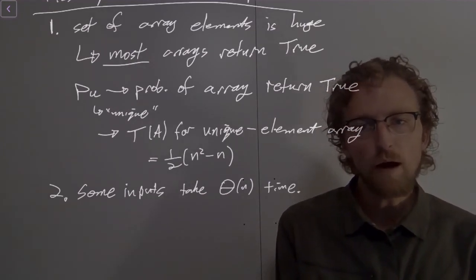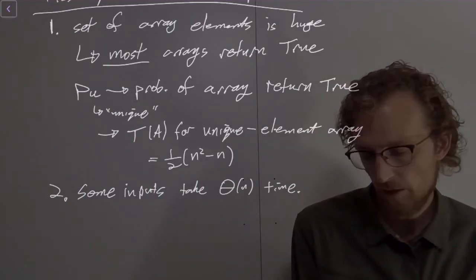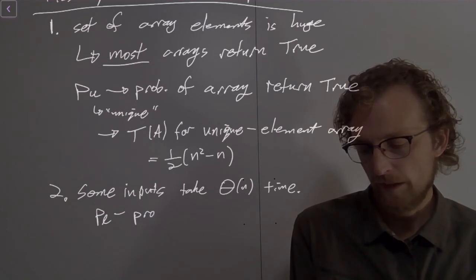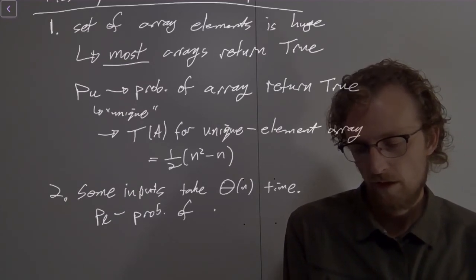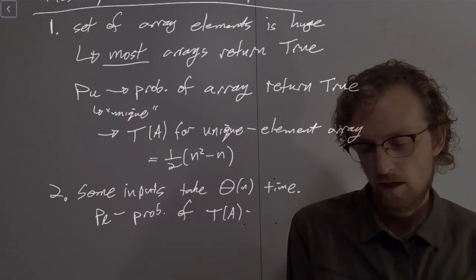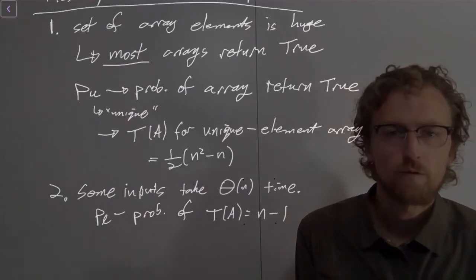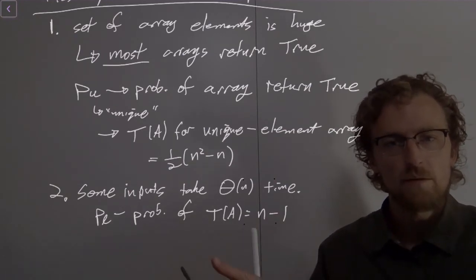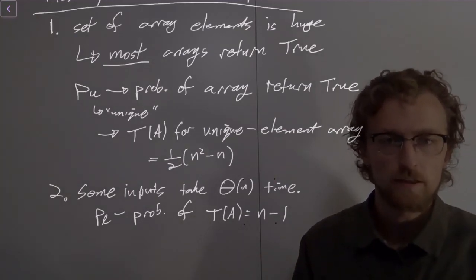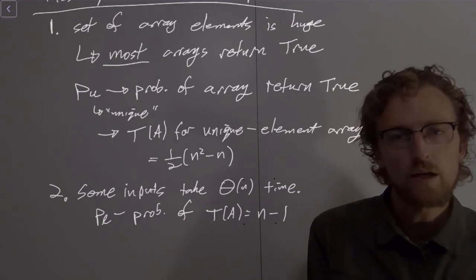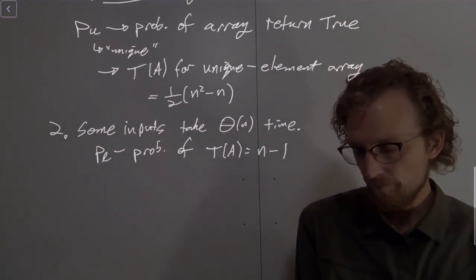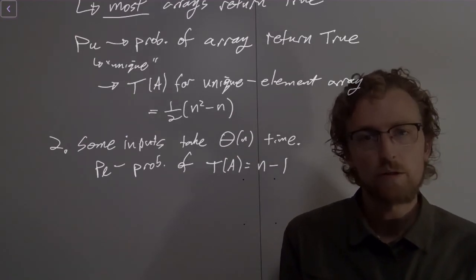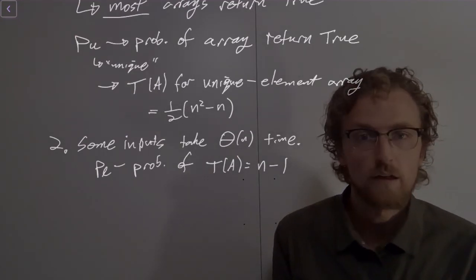I'm going to say that the probability of getting an input that takes linear time is PL. So PL is the probability of T of A equals n minus 1. Essentially we're modeling this as the input having the same element at the beginning and at the end, A0 equals A of n minus 1. Notice I'm leaving this symbolic: I haven't plugged in numbers for PU or PL.